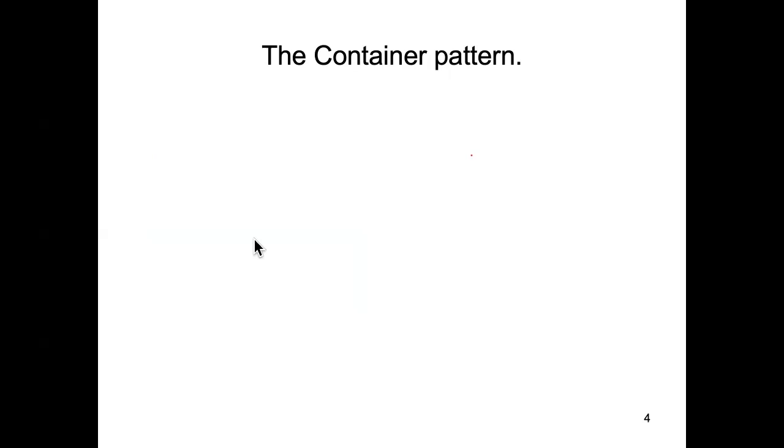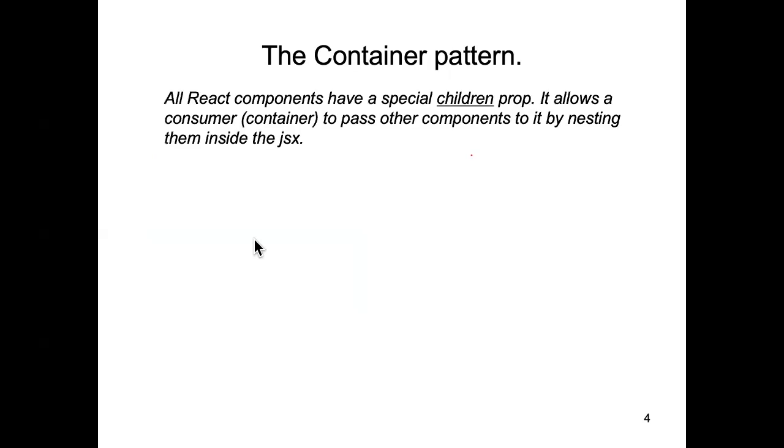So let's return to the topic of patterns. The first one I want to look at is the container pattern. There's a feature of React that we need to be aware of in order to understand this pattern, and I'm explaining it here in the text. All React components have a special children prop. What's the purpose of this children prop, or how can we avail of it? What it does is it allows a consumer component to pass other components to it by nesting them within the JSX.